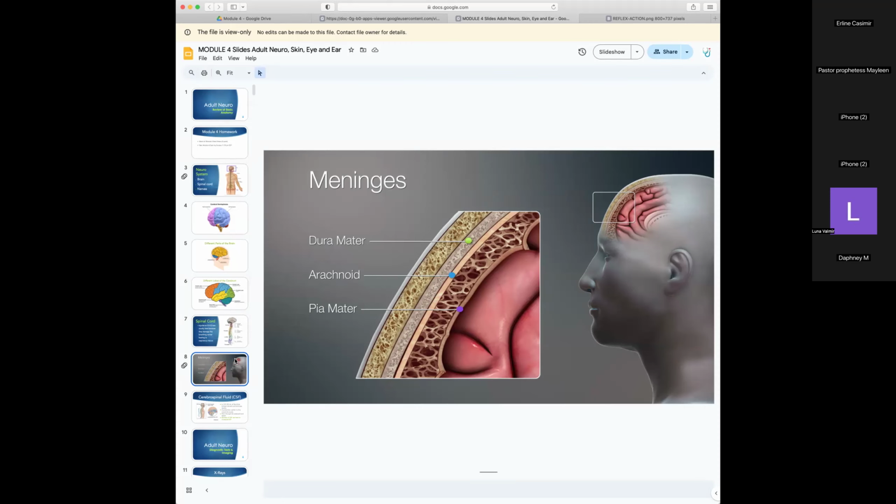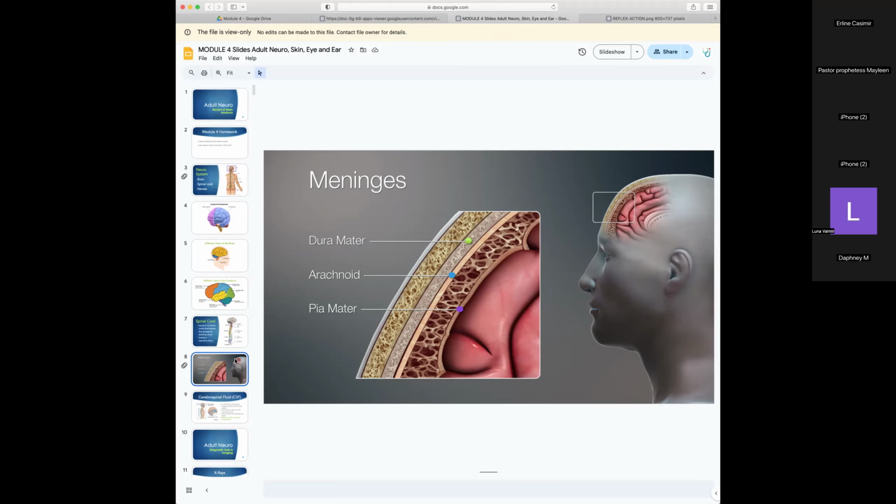So why do you have to know the meninges? Have you ever heard of meningitis? Meningitis is when they get inflamed or have an infection. You have to know the names: dura mater, arachnoid, and pia mater. Dura.